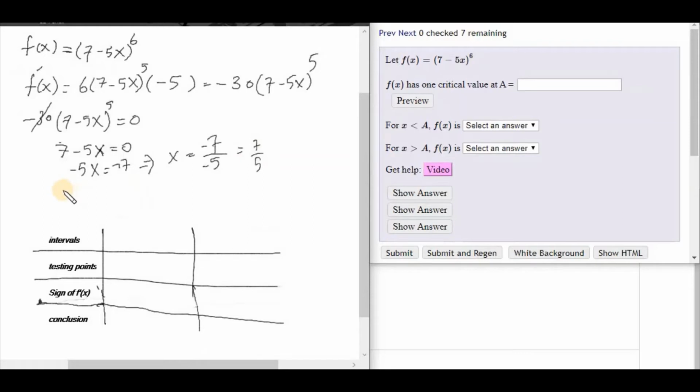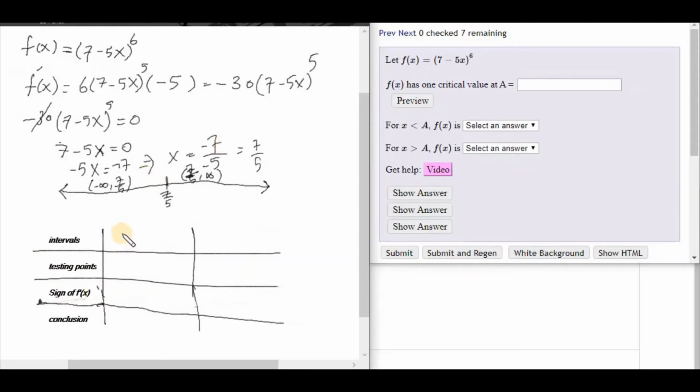This critical value is going to divide the domain of the function into two intervals. So here's 7 over 5. The first interval goes from negative infinity to 7 over 5. And then the second interval goes from 7 over 5 to positive infinity. Now we're going to test the sign of the derivative function to determine where the function is increasing and decreasing.